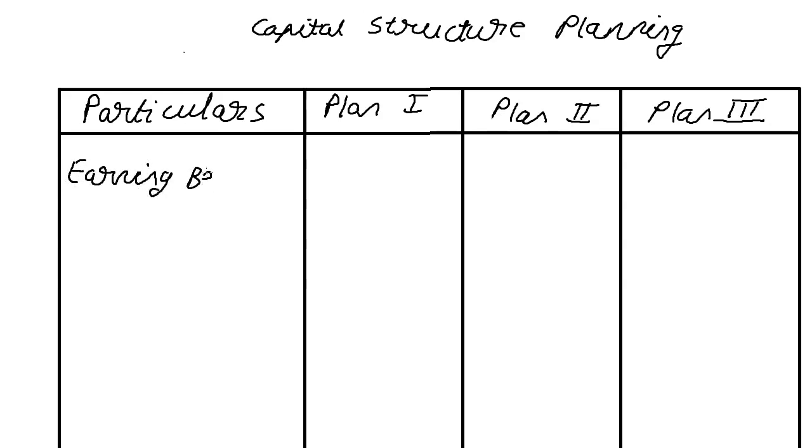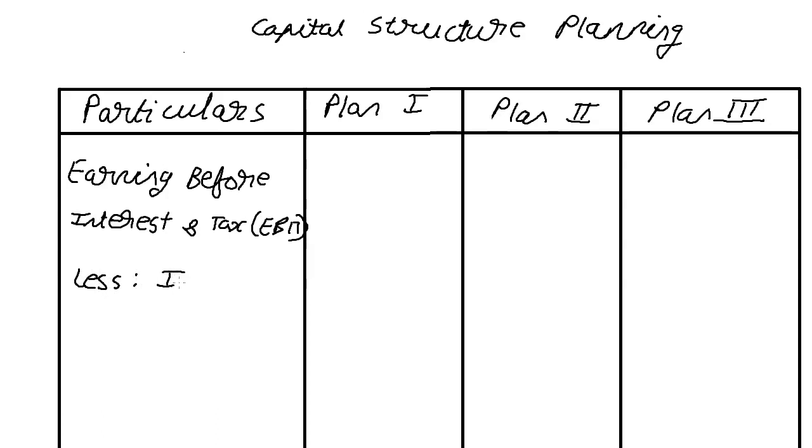before interest and tax, or simply EBIT. From that, we subtract interest in order to get earnings before tax.